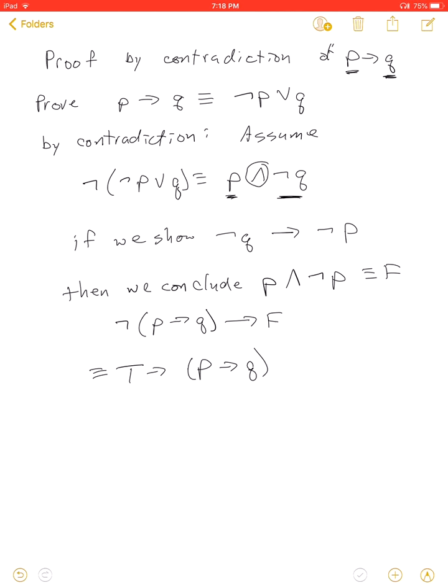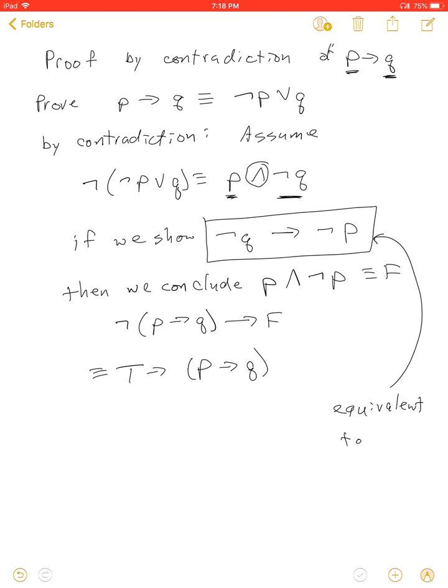But please note that in order to show the negation of P from the negation of Q, if we did that, we actually did the proof by contraposition. This is equivalent to proof by contraposition.